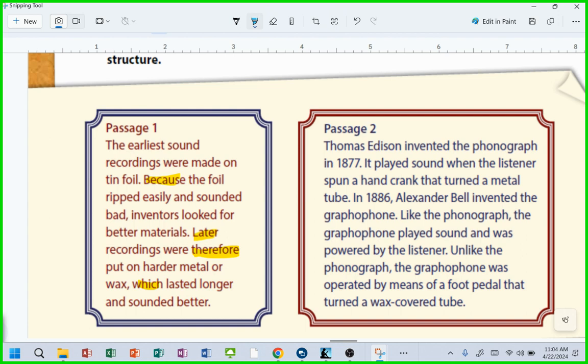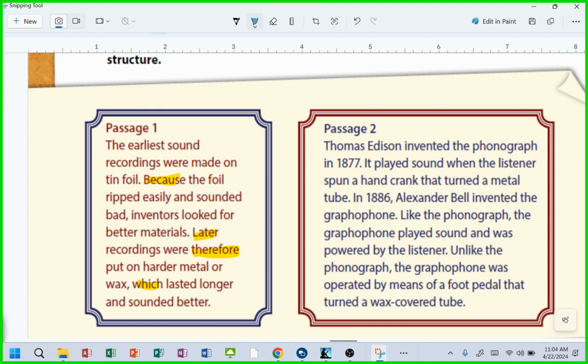Like the phonograph, the graphophone played sound and was powered by the listener. Unlike the phonograph, the graphophone was operated by means of a foot pedal that turned a wax covered tube. Do we have some signal words in this one? What are they? So let's go through.